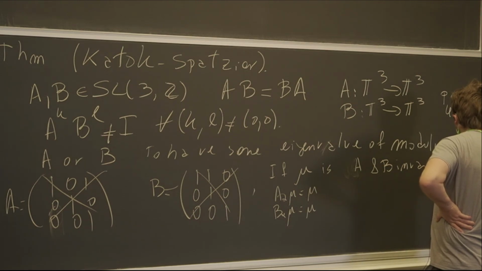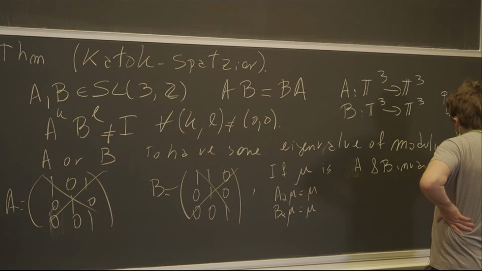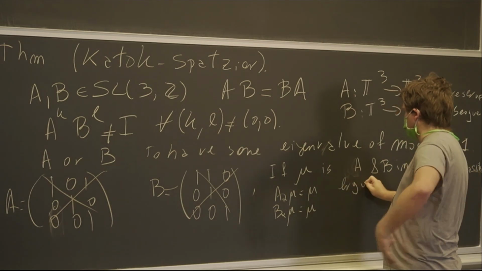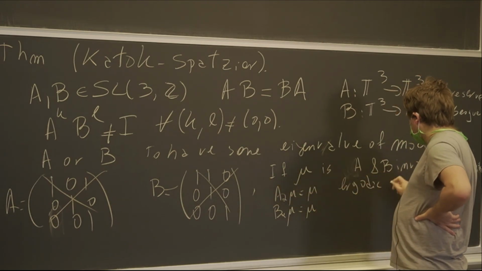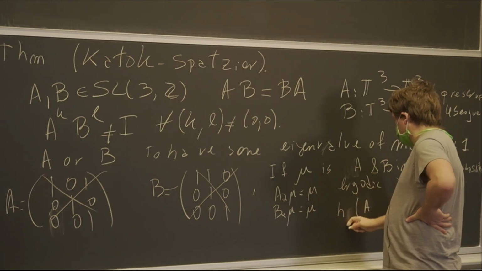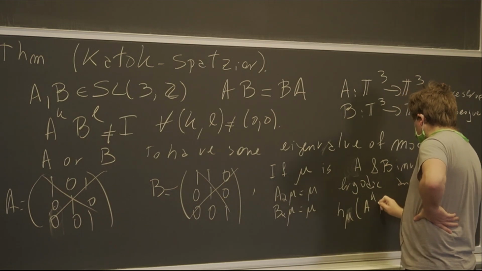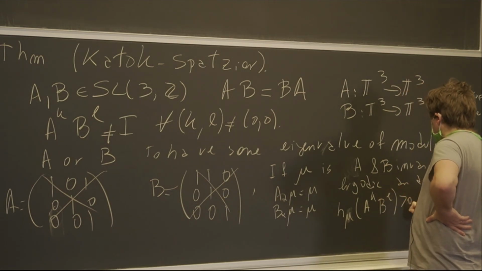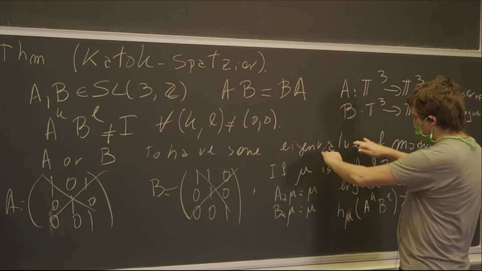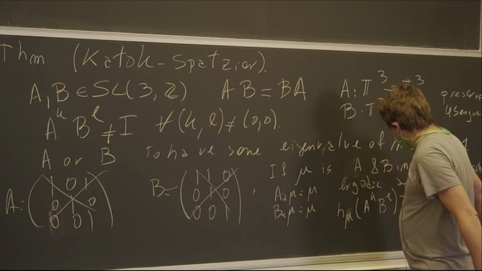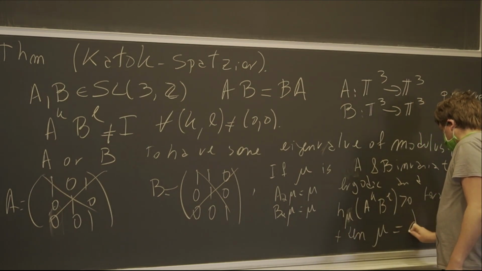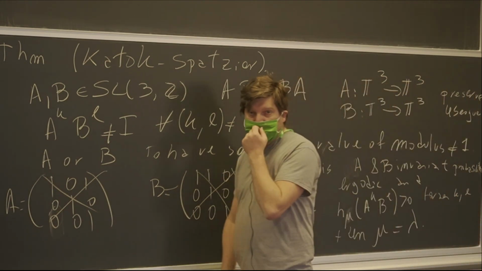So it's always probabilities unless I say it explicitly. Ergodic, with the same meaning as before, and h_mu of A to the K B to the L positive for some K and L, which automatically implies this statement here, then mu equals lambda.